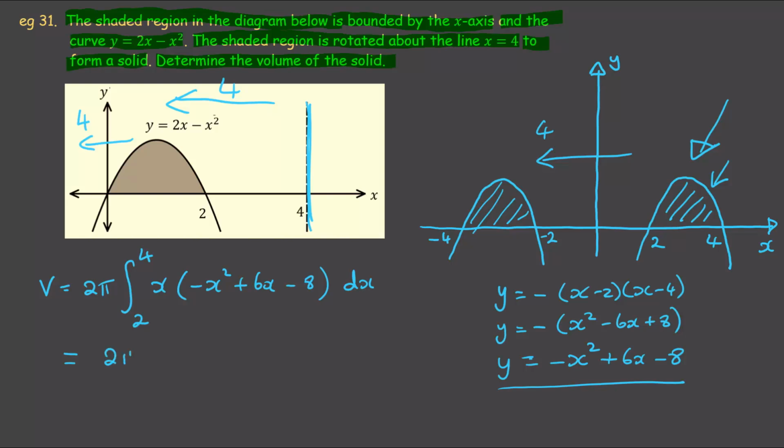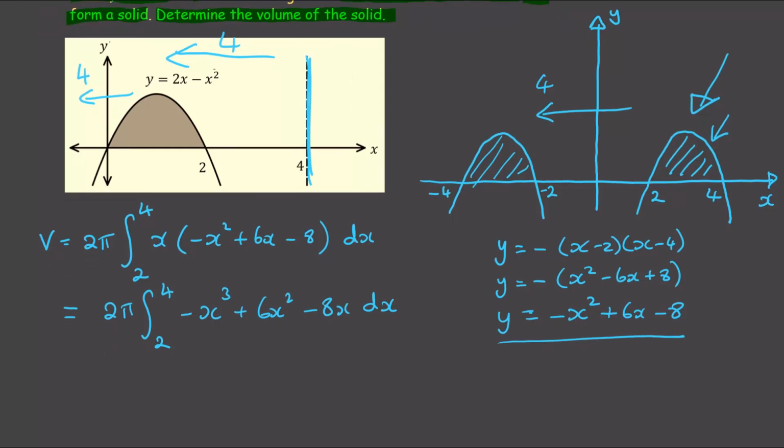So that's 2 pi times the integral from 2 to 4 of negative x cubed plus 6x squared minus 8x dx. Now, we know how to do that integral, so I've just gone ahead and found the result, and it ends up being 8 pi. So it's 8 pi cubic units.